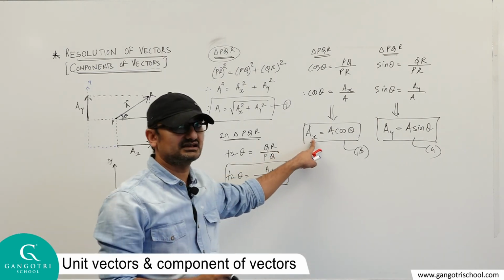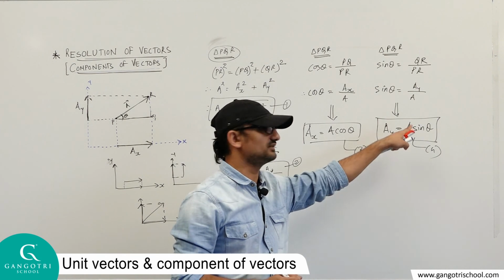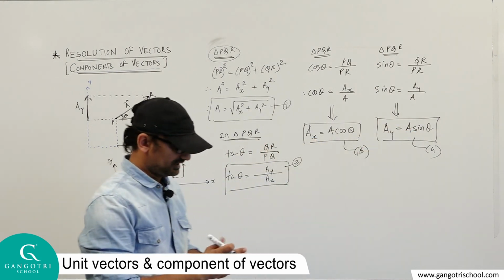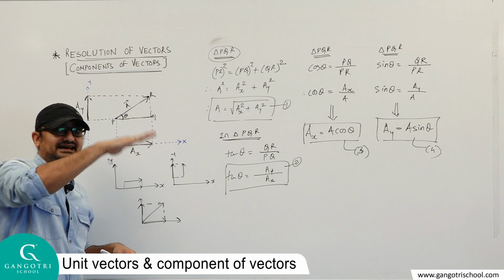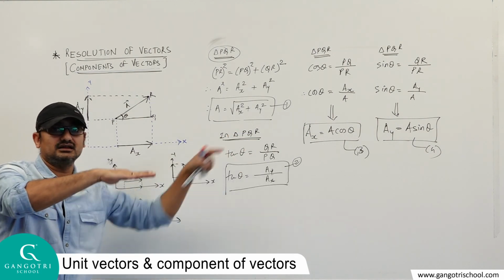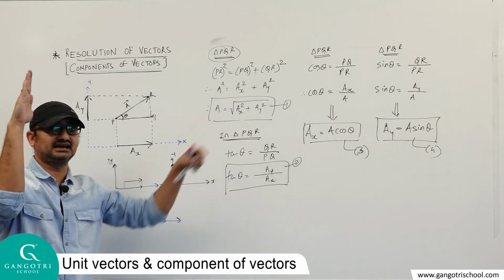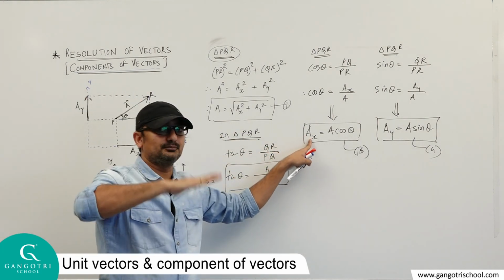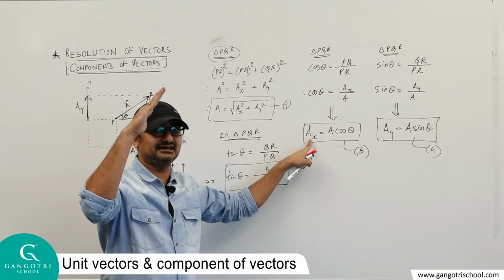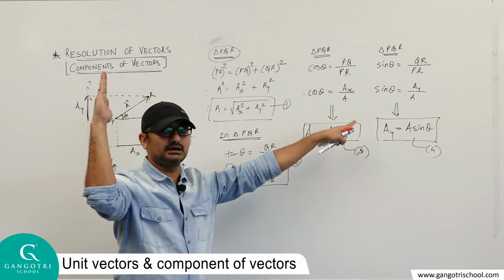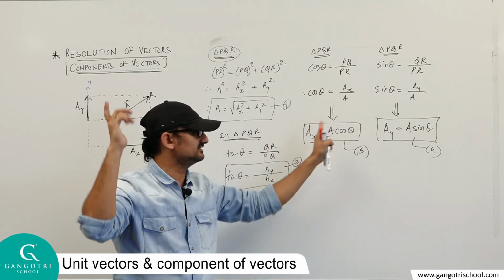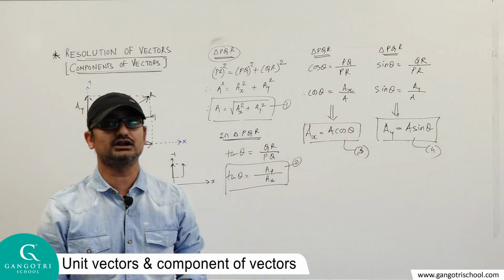AX is the X component, AY is the Y component. So according to this diagram, vector A has two components. X component is A cos theta, Y component is A sin theta. These are the equations to find the components of the vector.